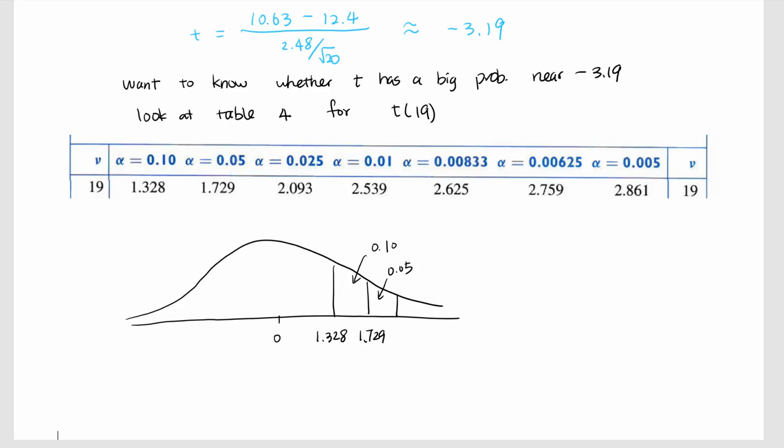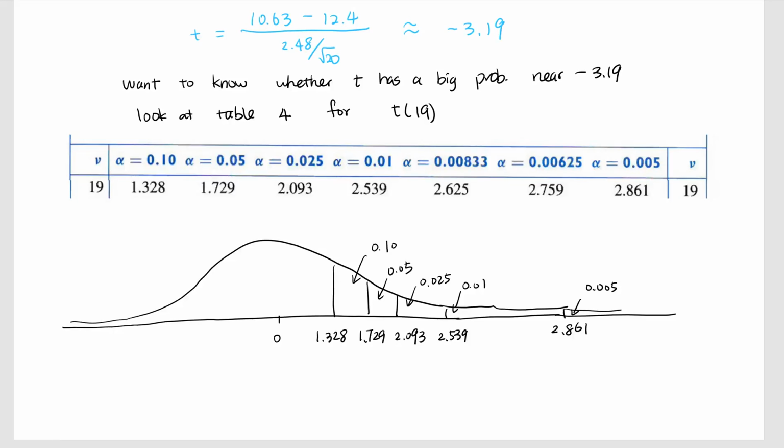Then the next is 2.093 for 0.025, then 2.539 for 0.01, and the last one means the probability on the right-hand side is 0.005, and this value is 2.861.